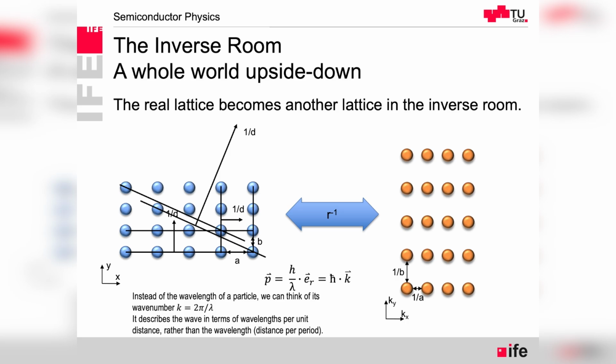We can then take another one, for example the perpendicular one, and then we have another distance. If it's not a square lattice with identical primitive vectors, then it will be a different number, which is 1 over d. And that constructs the next point in the inverse lattice.